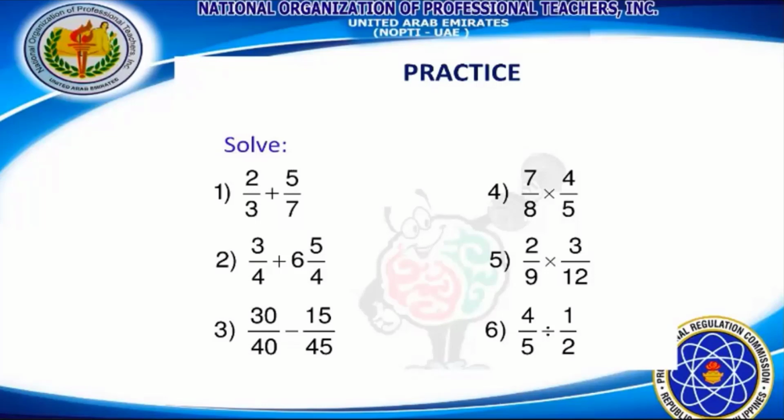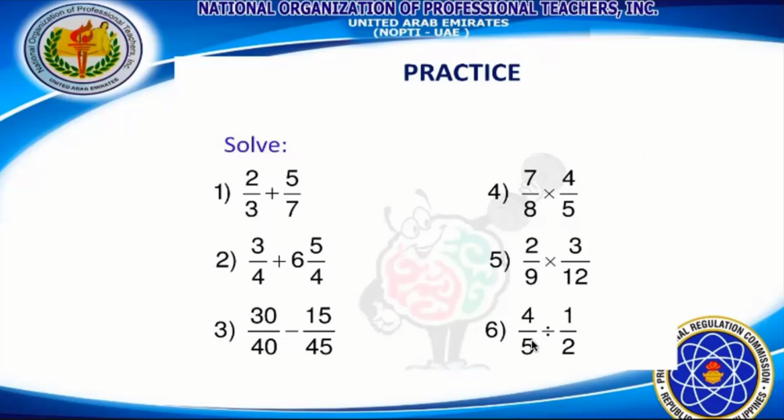29 over 21. So that's improper fraction. You can convert that into mix. We have 1 and 8/21. Same, lagi, ang medyo alanganin dito is laging addition and subtraction. Pag multiplication and division, parang sa integers, mas madali din sa fraction. Okay? Kasi sa multiplication, multiply the numerators together, multiply the denominators together.